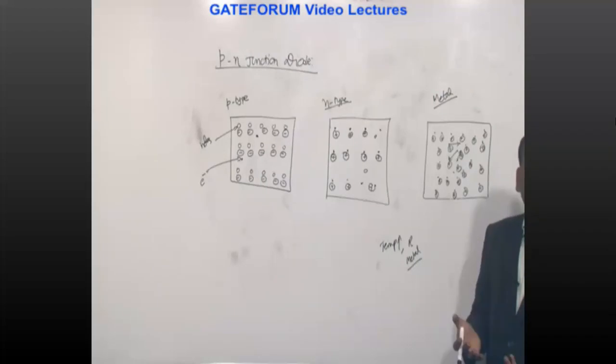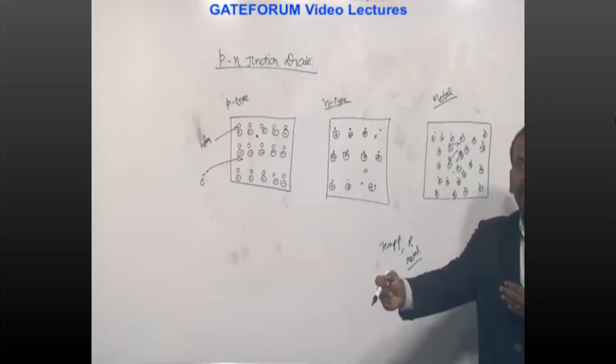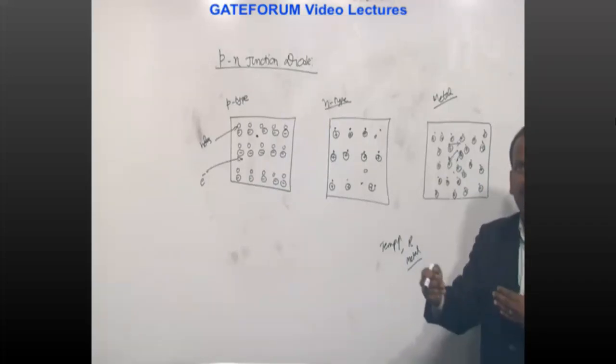More collisions mean the electrons are not traveling the expected distance. Previously they could move freely, but as temperature increases, more electrons are generated and there are more collisions, so they don't travel freely. From here a collision takes place, then the next collision.